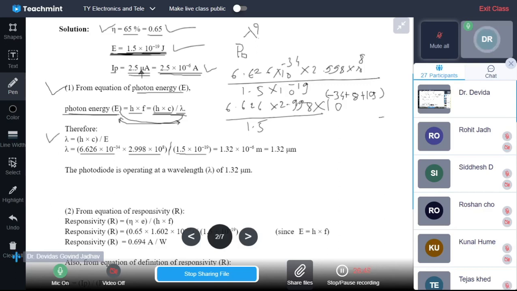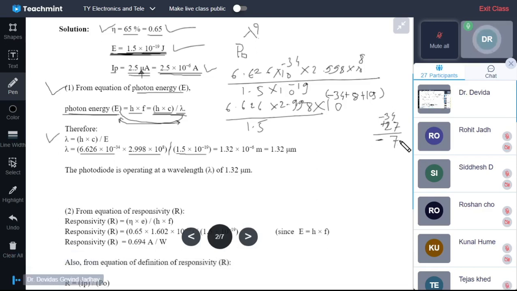Now minus 34 plus 27. How much is it? Minus 7, isn't it? Minus 34 and plus 27 is minus 7.